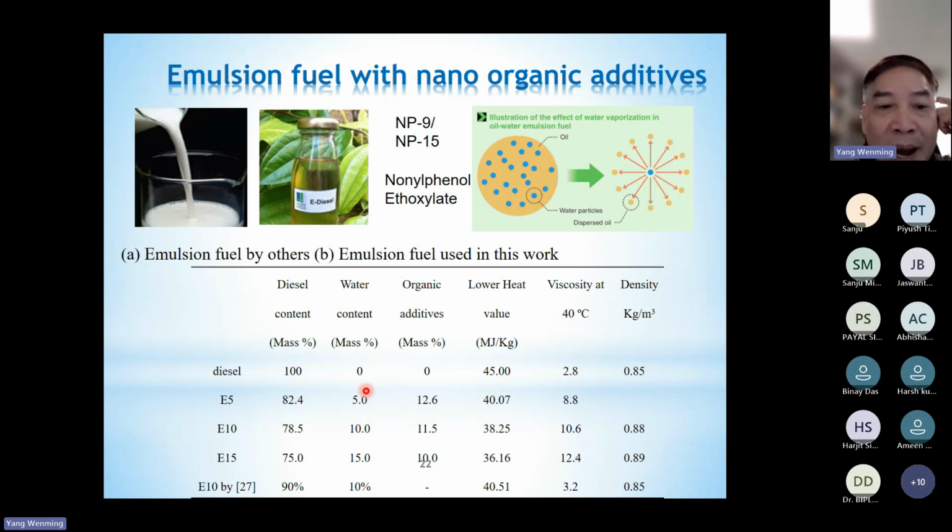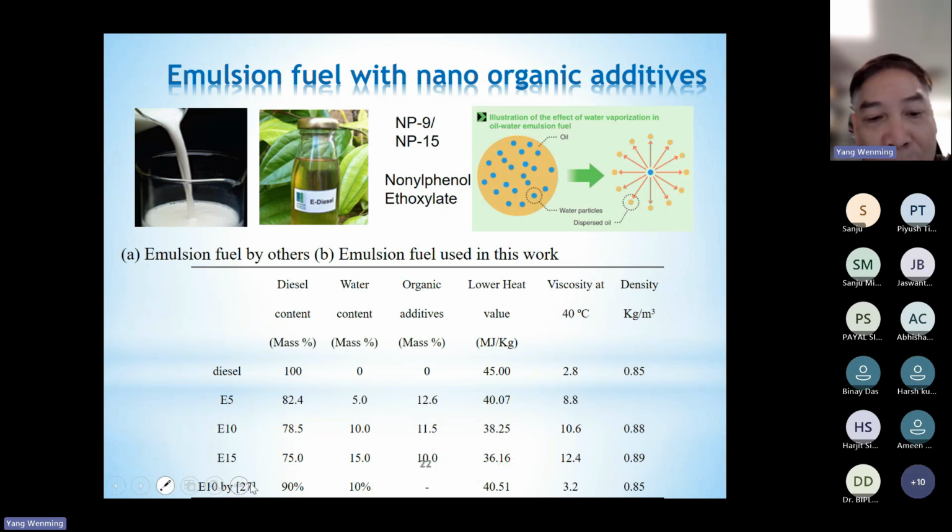So we compare the physical properties and the chemical properties of the emulsion fuel, with diesel fuel for comparison, okay? We can see the E5 has a heating value of 40 megajoules per kg, and E10 has a heating value of 38.25, E15 is 36.16.